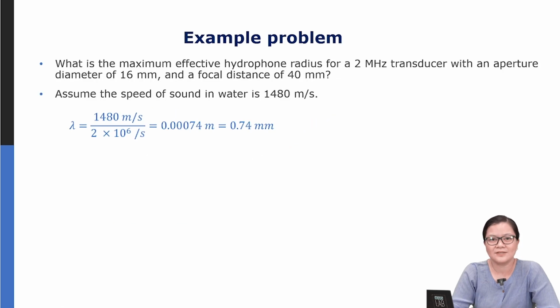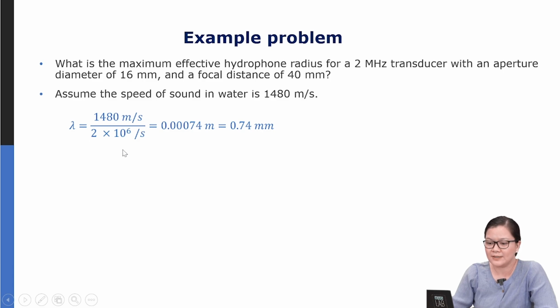Now let's look at the answer to this problem. First we would calculate what the wavelength of sound is. The wavelength equation would be the speed of sound divided by the frequency of the sound. So here we have that the speed of sound in water is 1480 meters per second, and we have 2 megahertz transducers.